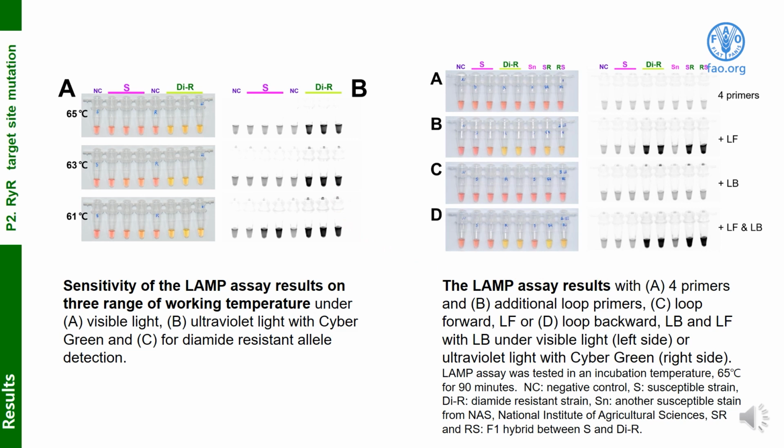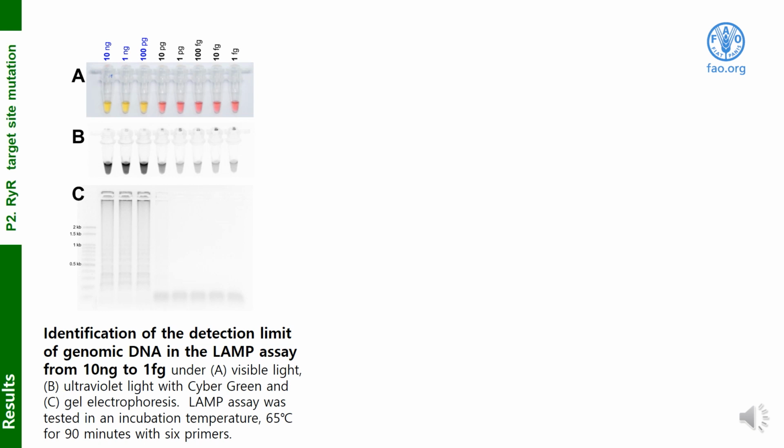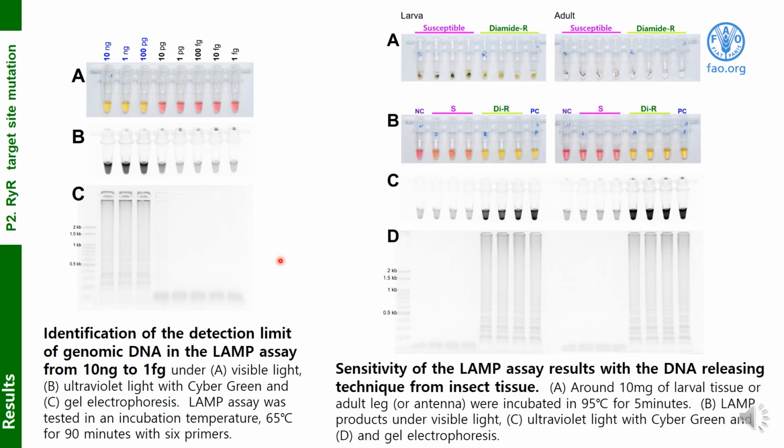Then this is the identification of the detection limit of genomic DNA in the LAMP assay. We also applied it to tissue samples, and resistance can be identified from tissue.